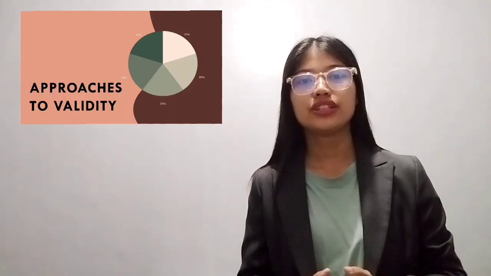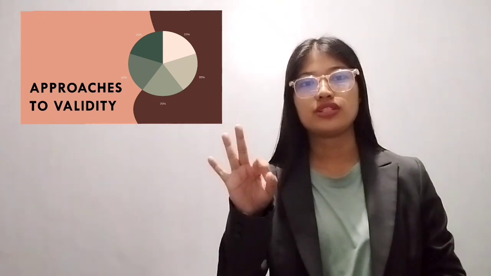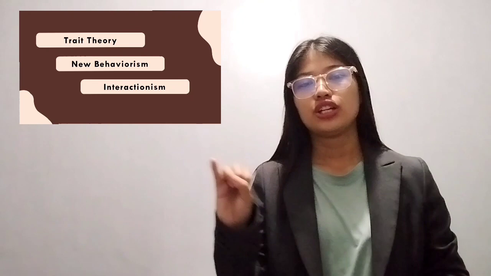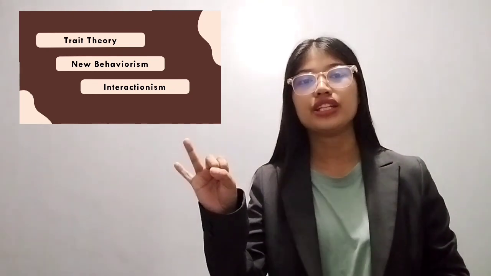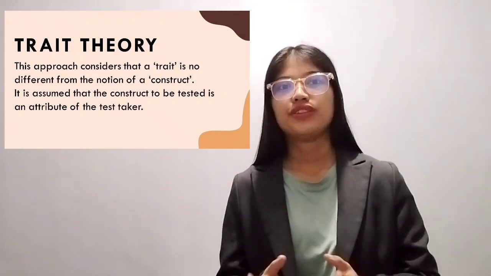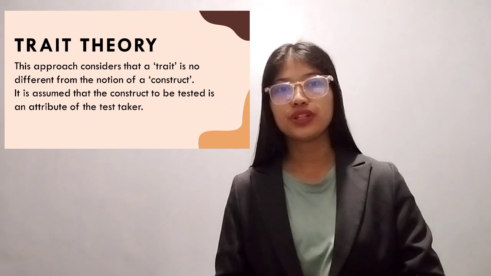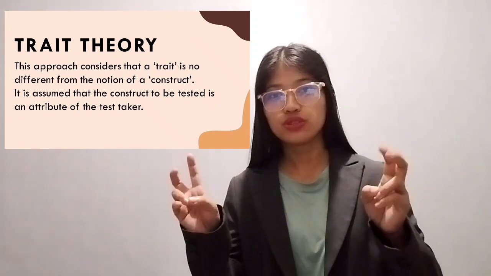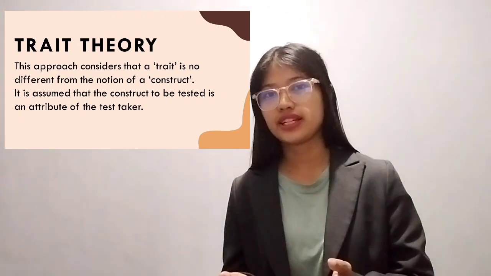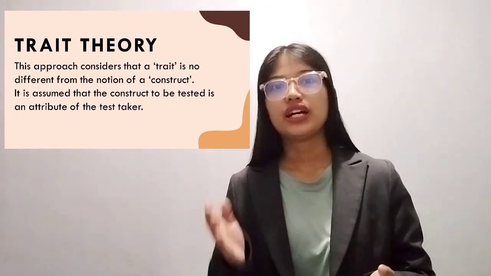Chapelle has characterized three approaches to validity. These are trait theory, new behaviorism, and interactionism. Trait theory. This approach considers that a trait is no different from the notion of a construct. It is assumed that the construct to be tested is an attribute of a test taker.